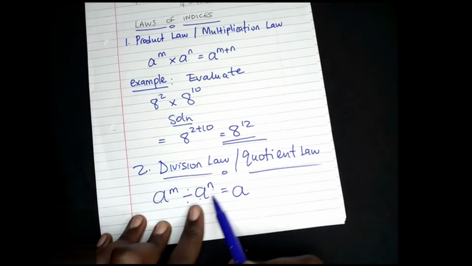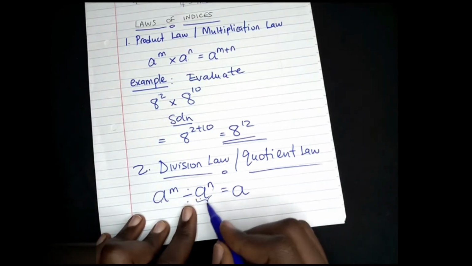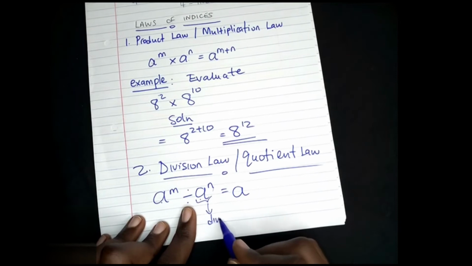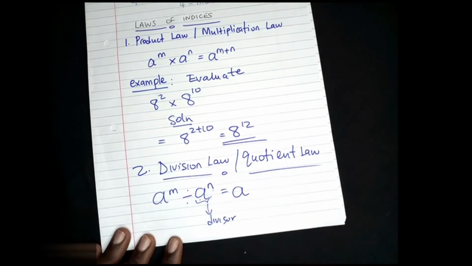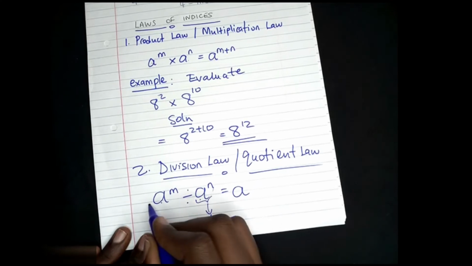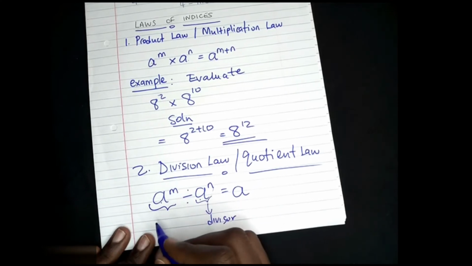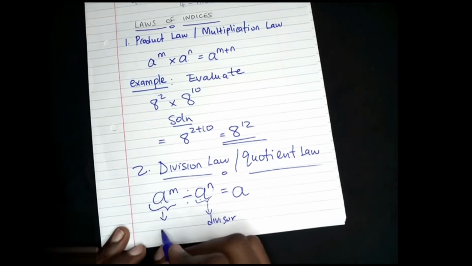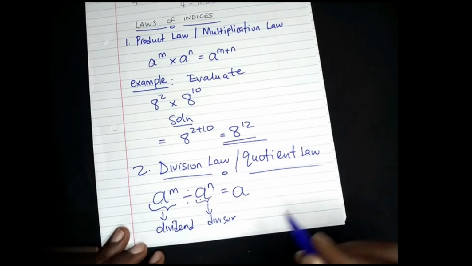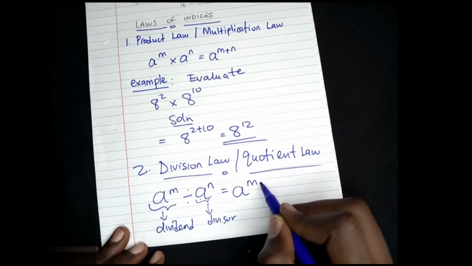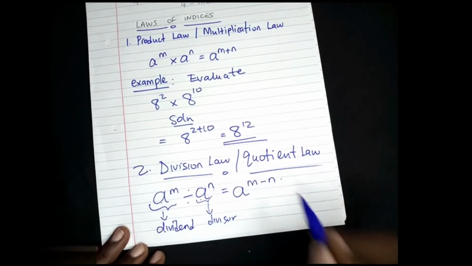The index of the divisor, this is our divisor, is subtracted from the index of the dividend, and therefore it shall be m minus n.